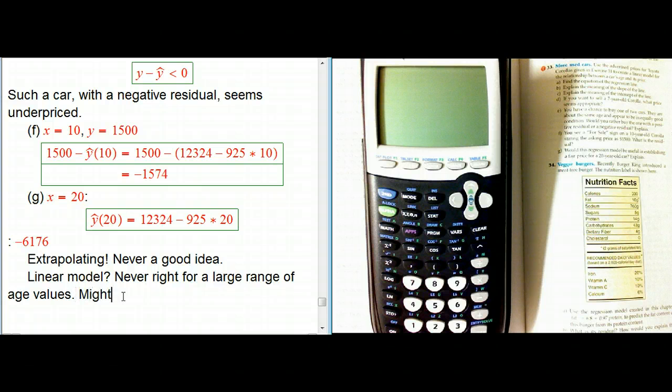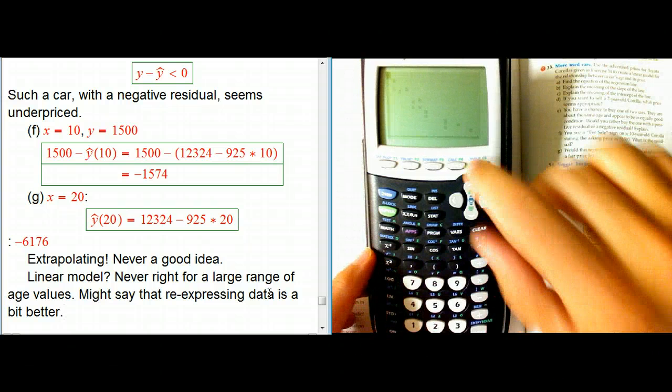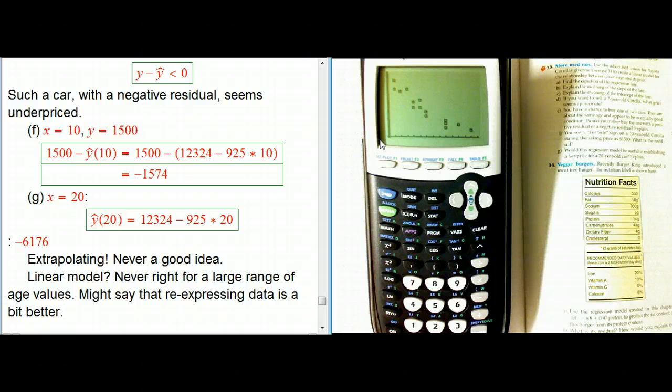So it might say that re-expressing the data, which we still are going to talk about, is a bit better. Remember, we had a pretty good reason to say that this was linear with the shape of this scatter plot. But if you take this down, down, down, down, it's going to produce unreasonable results.